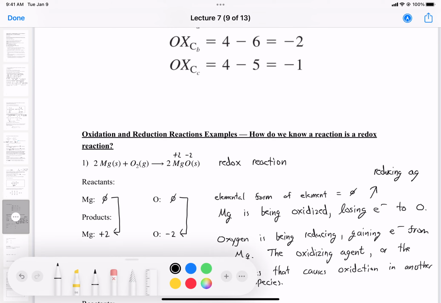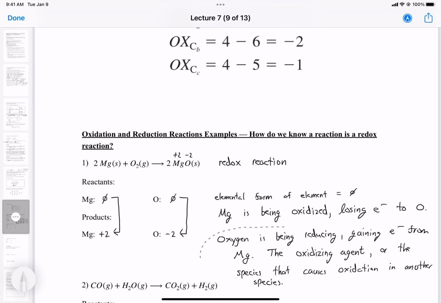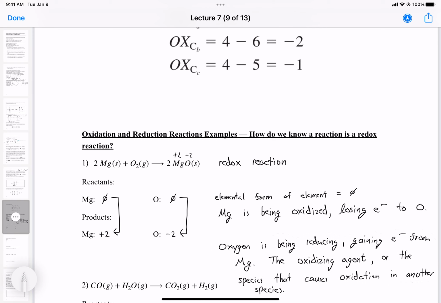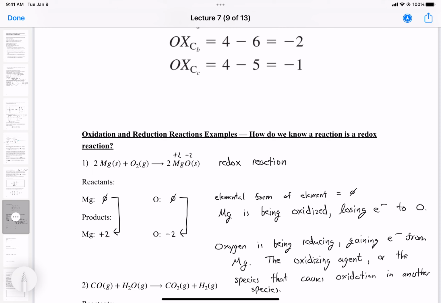Actually, that looks kind of confusing if I put it up there. So let's not do that. Let's put it somewhere else. So let's slightly move this below here. And then we're going to say magnesium is the reducing agent.